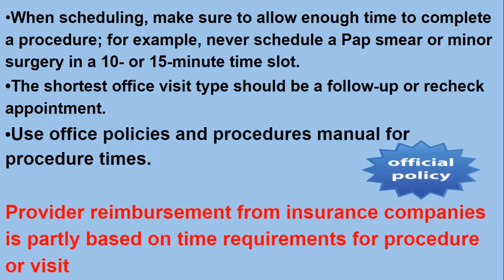Okay, so in red it says provider reimbursement from insurance companies is partly based on time requirements for procedure visits. Some of you have not been through the evaluation and management CPT coding, but that's when this comes into play. The more time you spend, the more money you make.